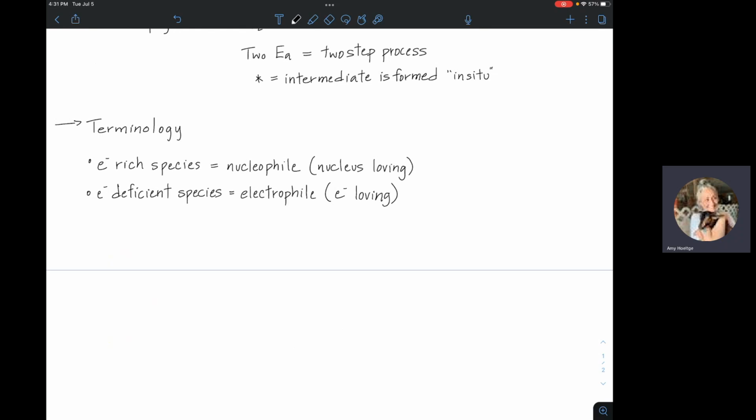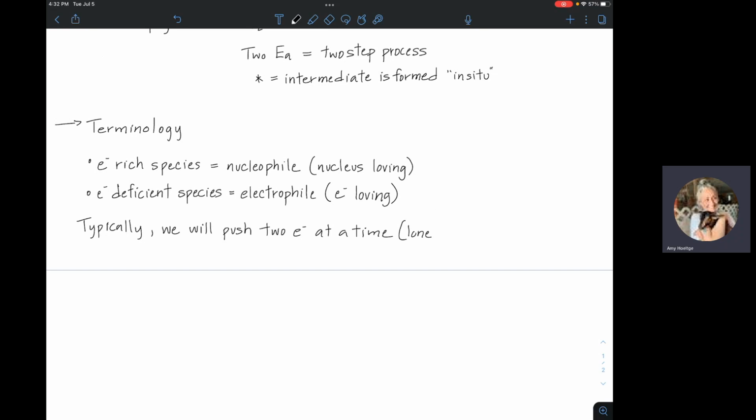So typically, and in this class, most of the time, we will push electrons two at a time. So a lone pair, or pi electrons, so electrons in a pi bond.